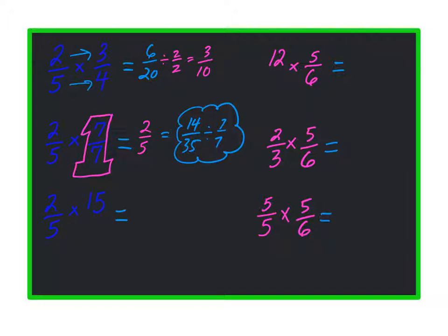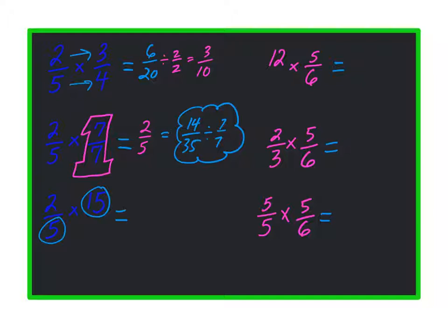And our last question here on this side is 2/5 times 15. Now this is a fraction that I described as a friendly fraction in the past, where this denominator and this whole number are friendly. They're in the same fact family. So I can actually do this one a little differently than the others.